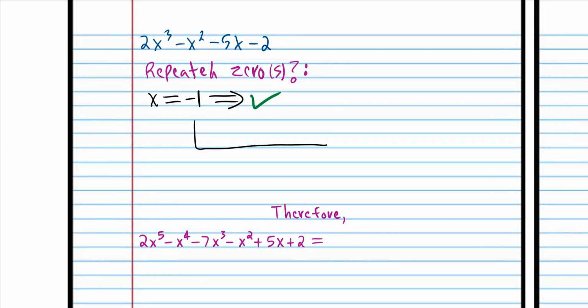Okay, we're back, so we're going to divide by x plus 1. Our remainder is 0, so that's a good sign.